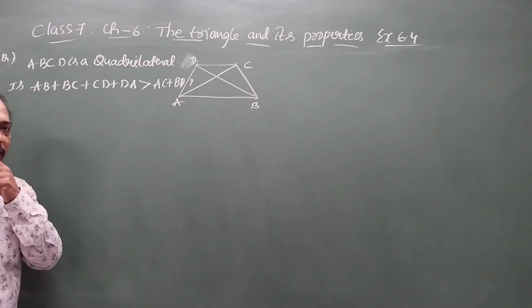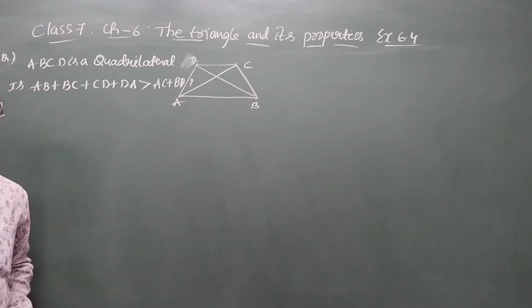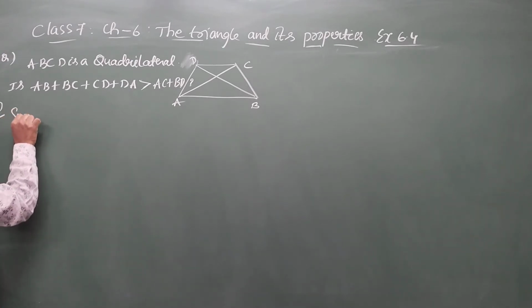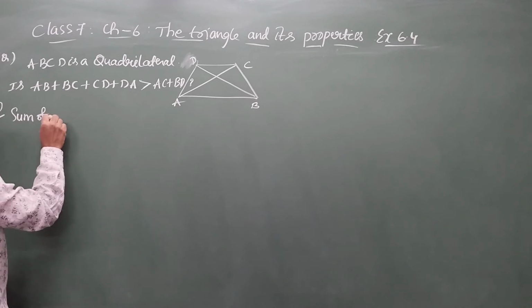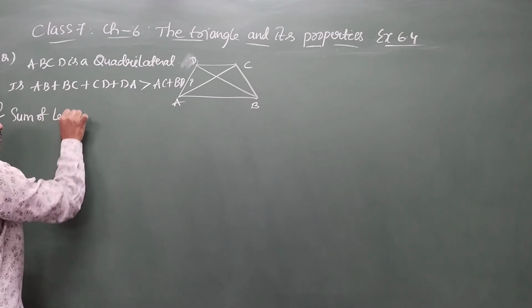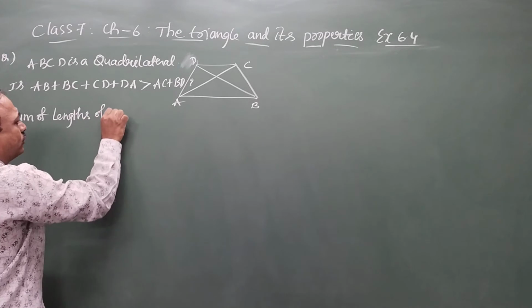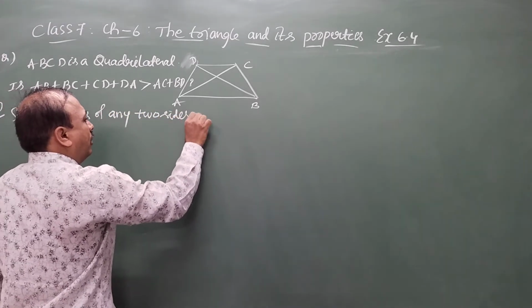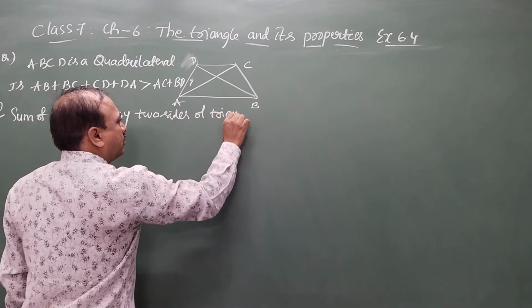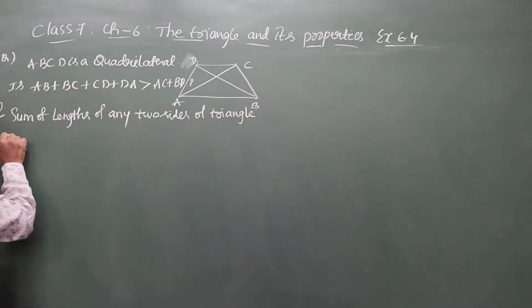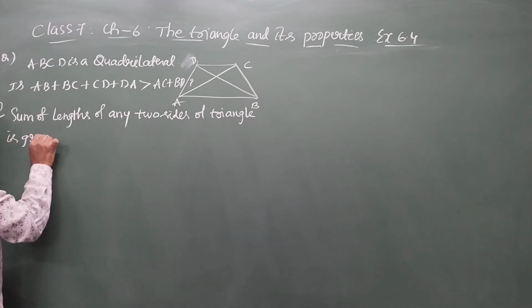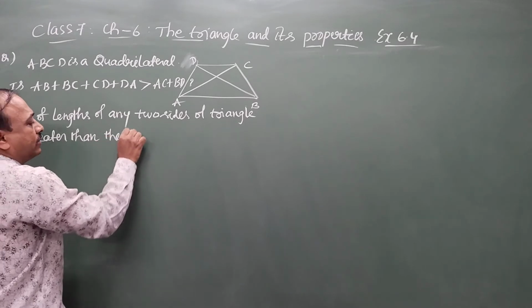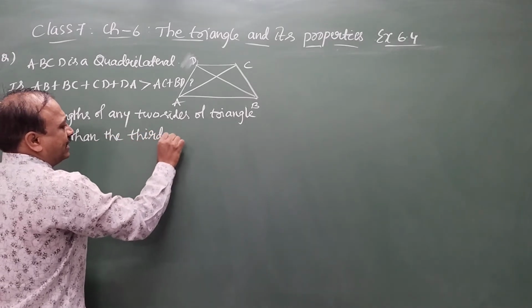The sum of the lengths of any 2 sides of a triangle is greater than the third side.